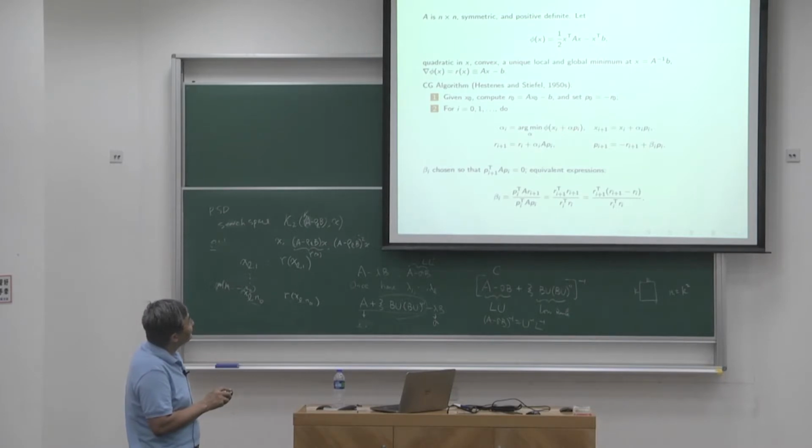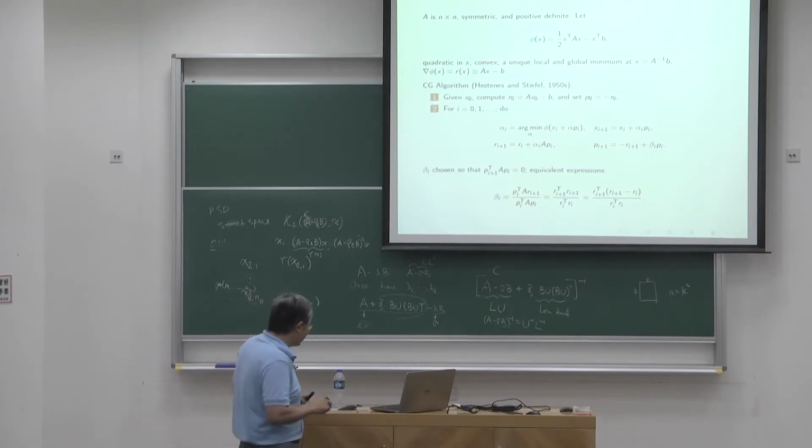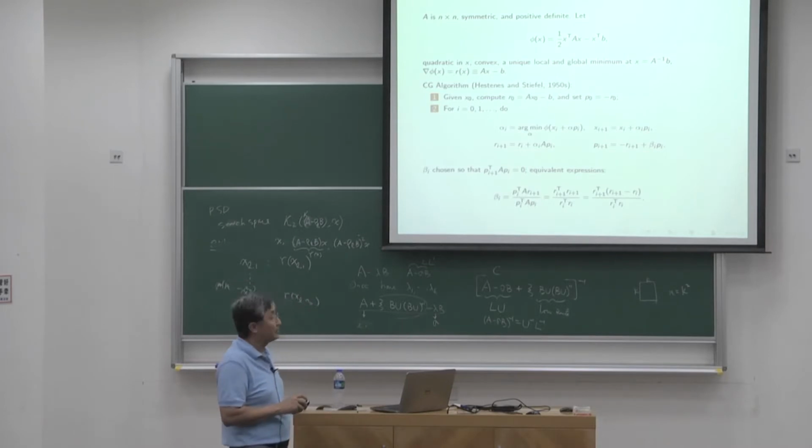This is easy to do, because in the real case this line search is simply one-variable calculus. You just take a derivative and you get alpha i. Once you get alpha i, this relation will directly tell you the residual relation.